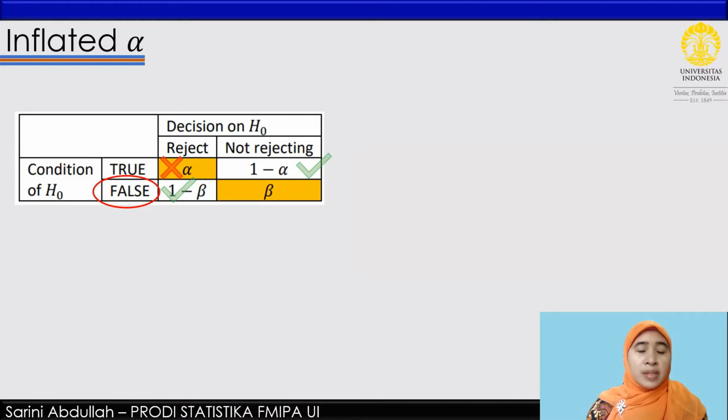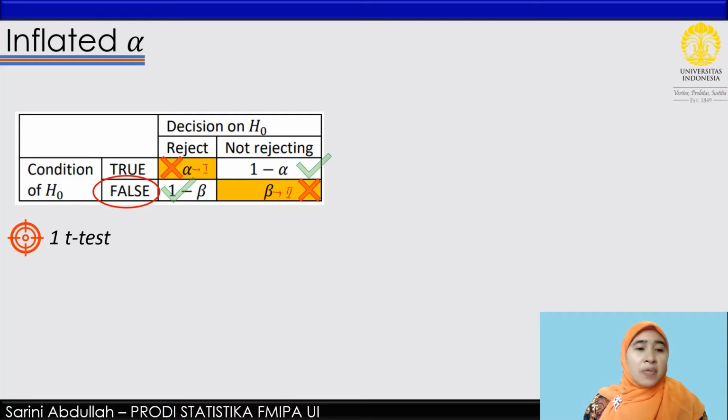But if we do not reject it, it means that we don't reject something that is false, and there's something wrong with that. The probability of making that mistake is measured by beta. Here, beta is called the type 2 error. So alpha is the type 1 error, and that is the one of our concern.